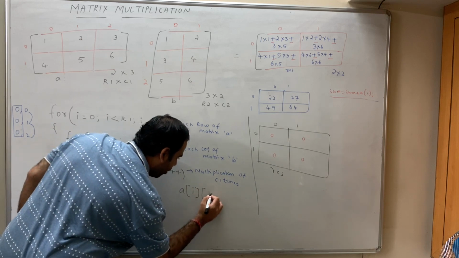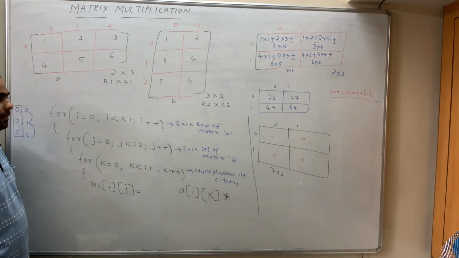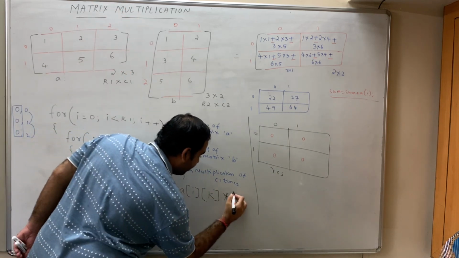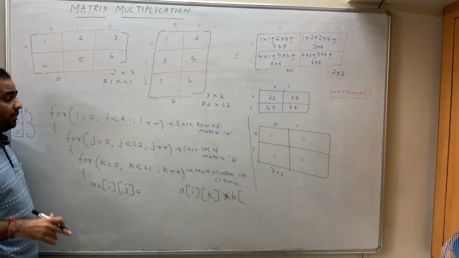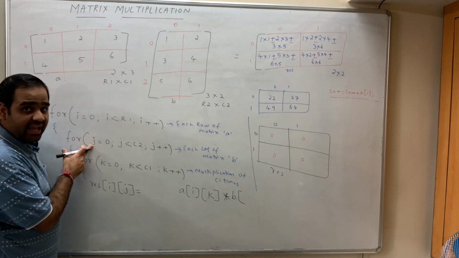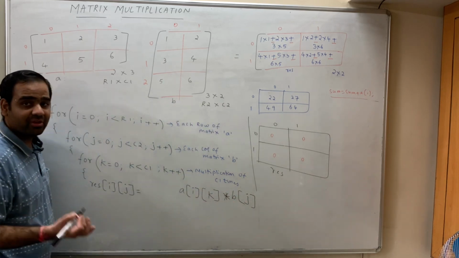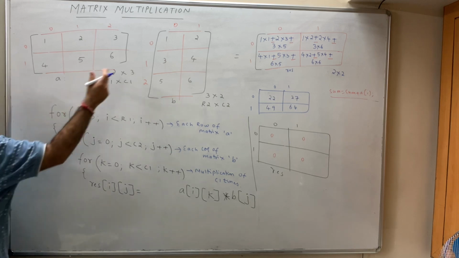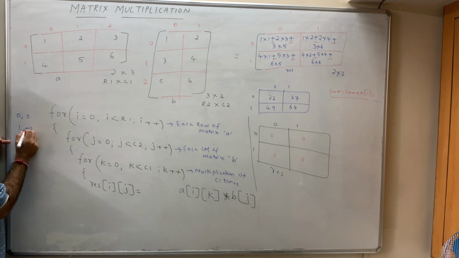Therefore, it is A of i k multiplied by, with each column of matrix B. Therefore, I say B of... What represents the column of matrix B? j represents the column of matrix B. Now, what are the elements in the column of matrix B? This is column 0: 0,0. Next is 1,0. Next is 2,0.